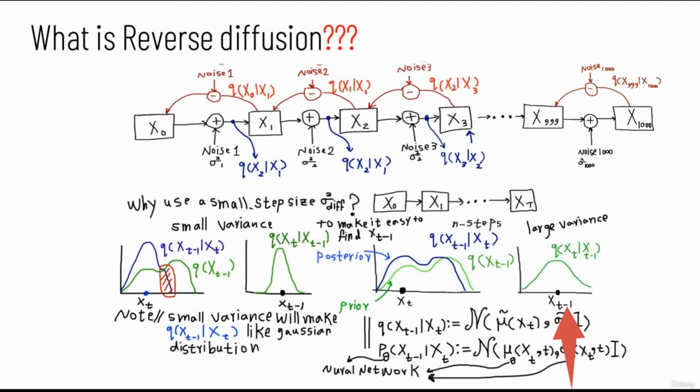And the noise with small variance will remove a small amount of information from xt minus 1. In other words, when we take the value of the xt variable from this distribution, this value will have a large amount of information about the value of the xt minus 1 variable.